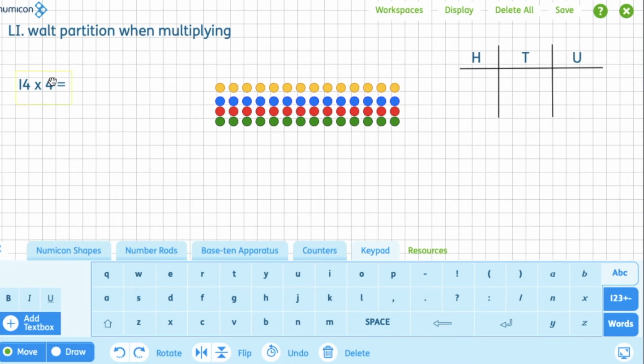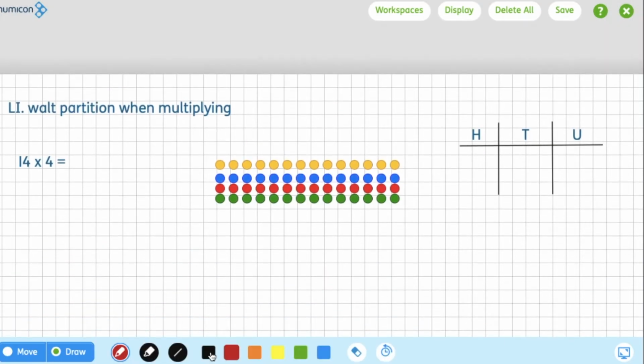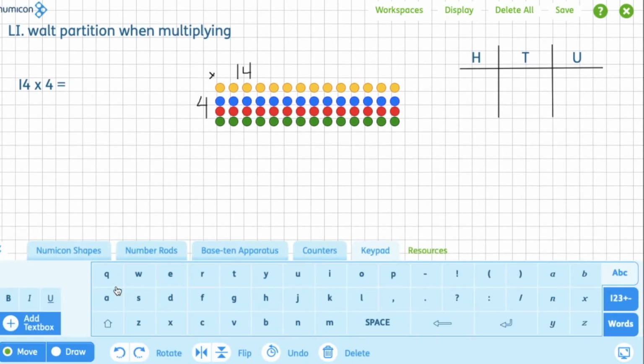Okay, so if I'm looking at my question here, it's 14 times 4, right? So I've got 14 across the top and 4 down the side. So 14 times 4, or 14 lots of 4, or 4 lots of 14, however you want to talk about it.